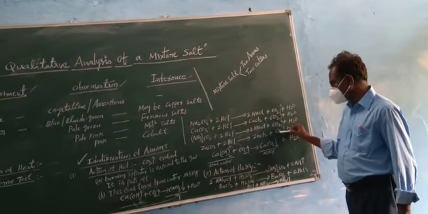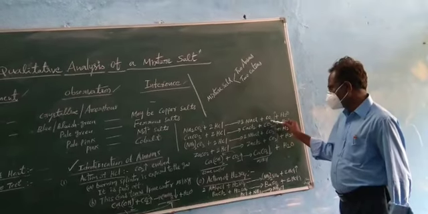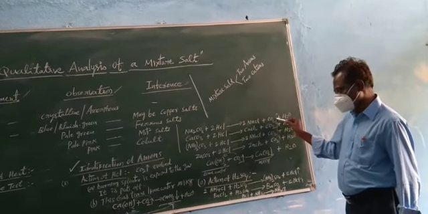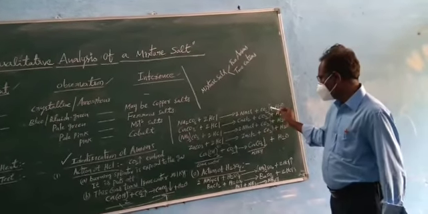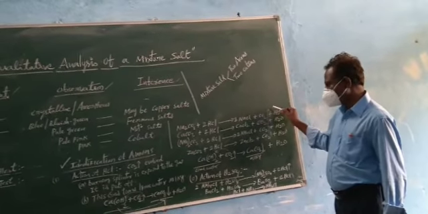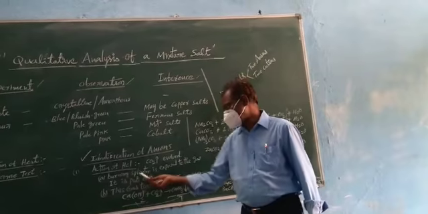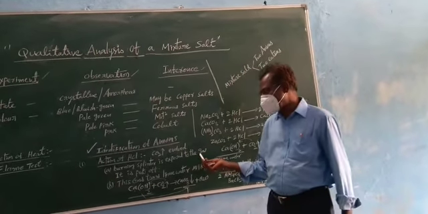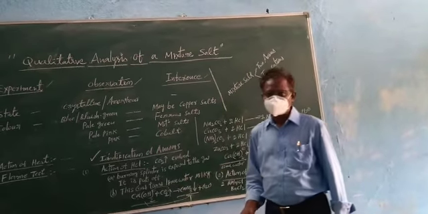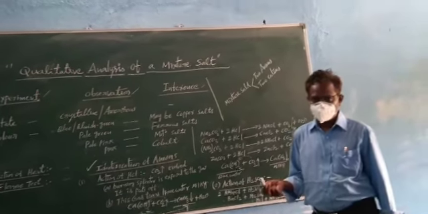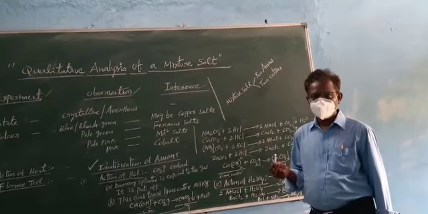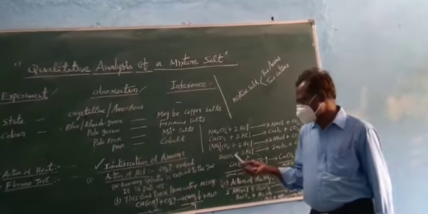When a burning splinter is exposed to the gas, it is put off. It is an indication that the given salt contains carbonate.